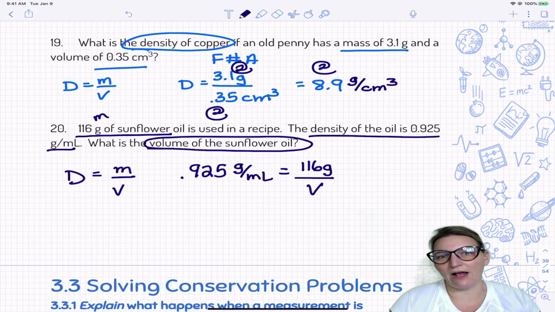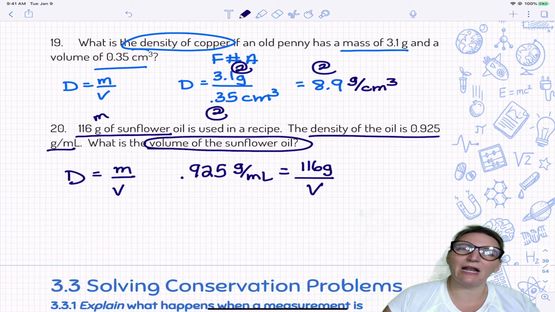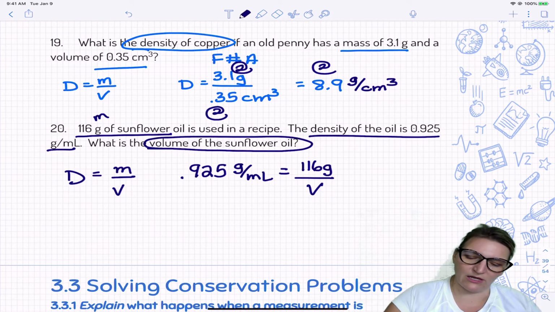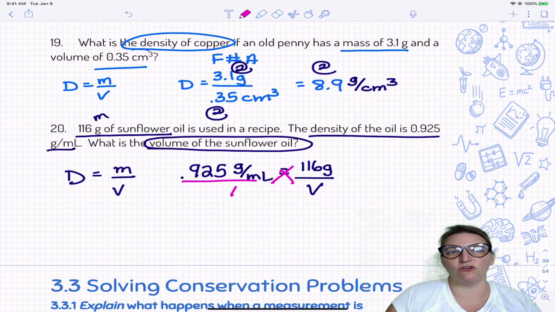And now we need to use algebra in order to solve this problem. And there's many different algebraic techniques you can use to solve, and so I'm going to let you choose whichever way you want. So you could multiply both sides by v and then divide both sides by 0.925. Anytime that I see a fraction and an equal sign, I'm always going to go the way of cross multiplication, because what I have found is that this is a very common place for students to make mistakes.